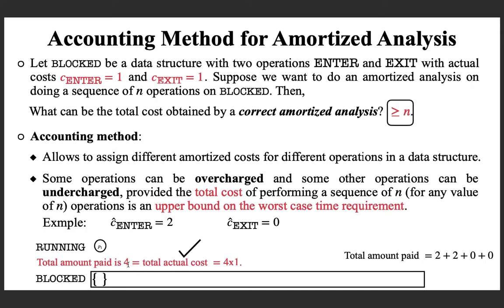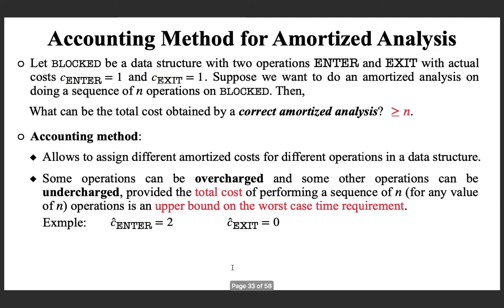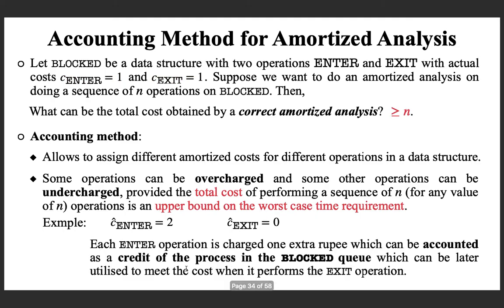And note that to be correct, the amortized total cost can be any value greater than or equal to 4. Now you see that each enter operation is charged 1 extra rupee, because 1 is the actual cost, you are charging 2 rupees, and which can be accounted as a credit of the process in the blocked queue.